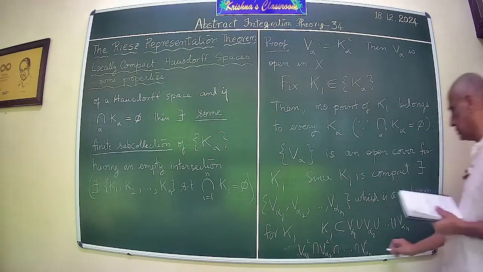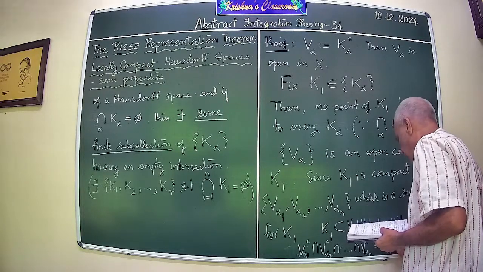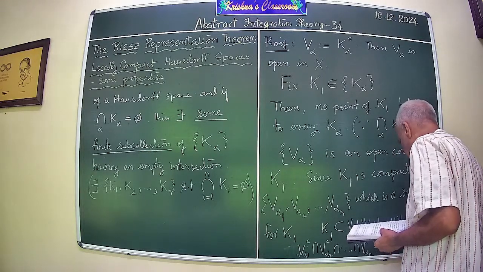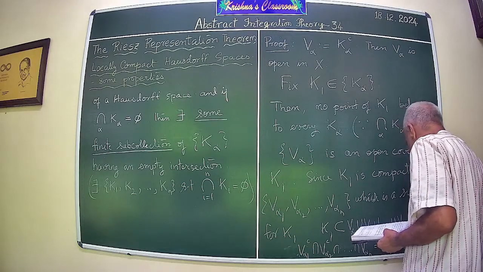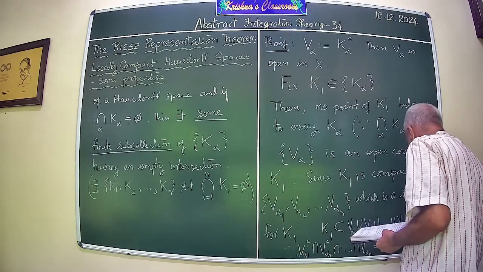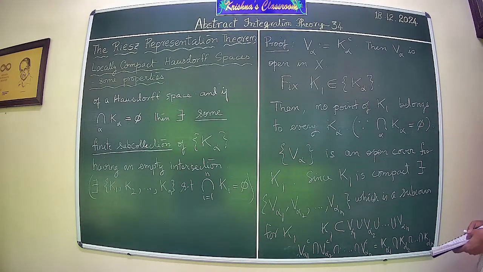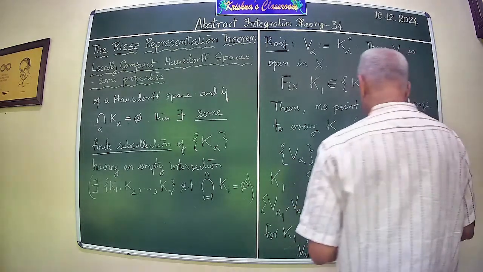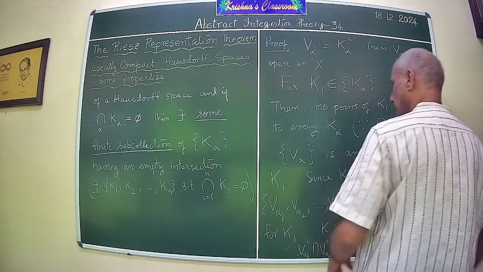What are they? This is equal to K alpha 1 intersection K alpha 2 through K alpha n by definition. Now you take the complement of K1.